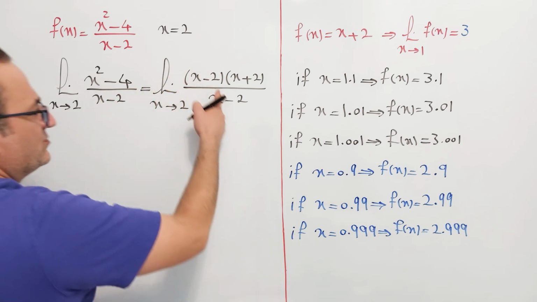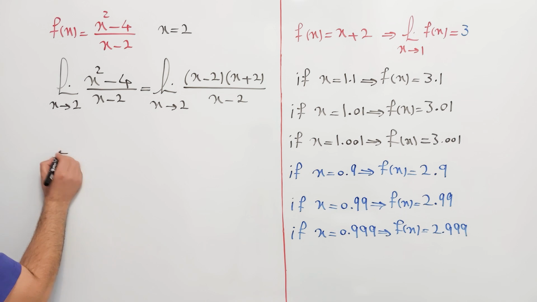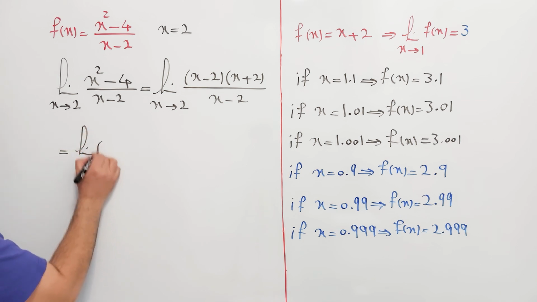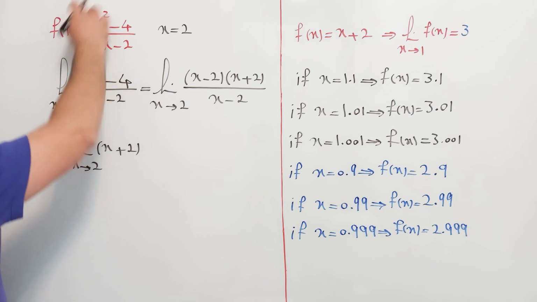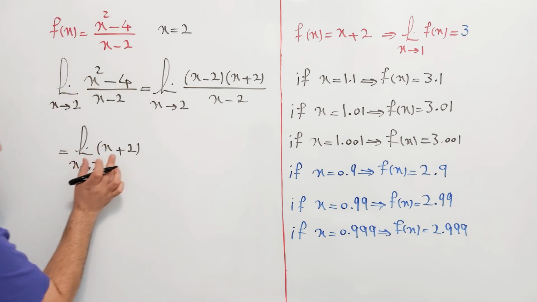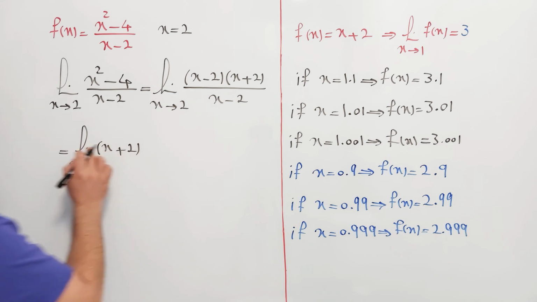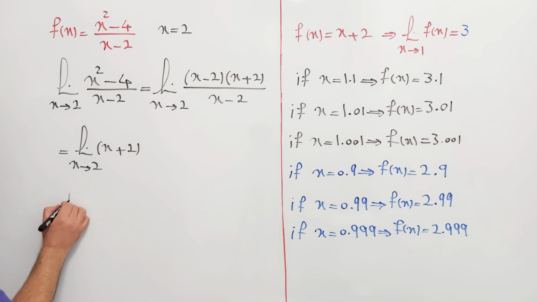So x - 2 and x - 2 cancel out, and we have the limit of x + 2 as x approaches 2. So this function behaves like x + 2.